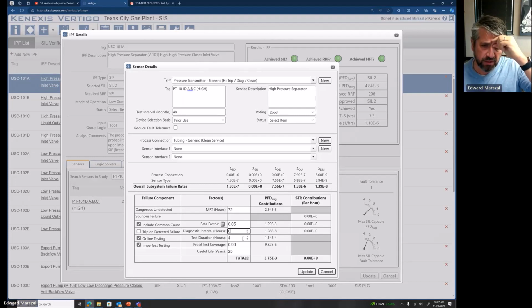Diagnostic interval. Okay, the diagnostic interval is for a specific component. It's not the SIF as a whole, it is a component. And not only is it a component, it is how fast the automatic diagnostics on that component are performed.